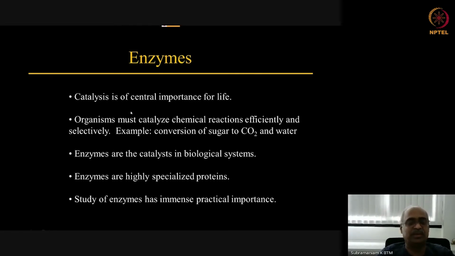Here I have given a big global example, like conversion of sugar ultimately through a large series of steps to carbon dioxide and water, the simplest products that you find in the environment from which sugars can be assembled.